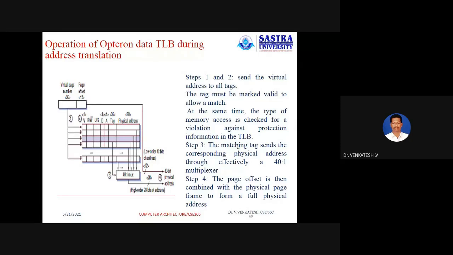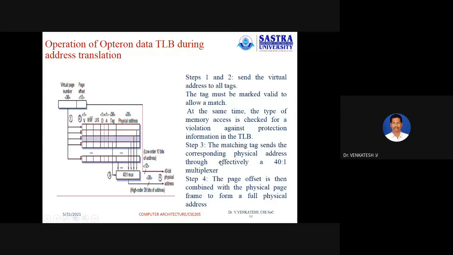That is why we check for violation, then read/write, whether it is user or supervisory mode, and whether we have a data address tag. So we reference whether it is valid, read/write, user or supervisory mode, and then we have the address, some tag, and then the physical address.